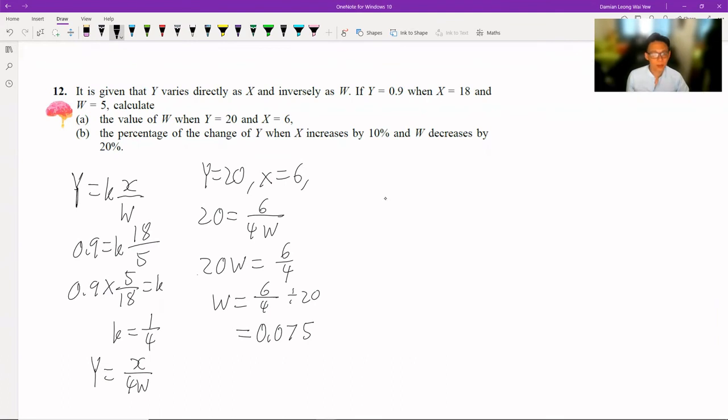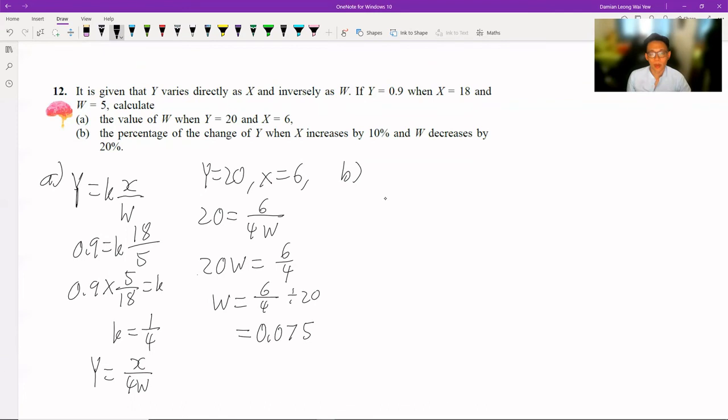That is part A. Part B: the percentage of change of y when x increases by 10% and w decreases by 20%.